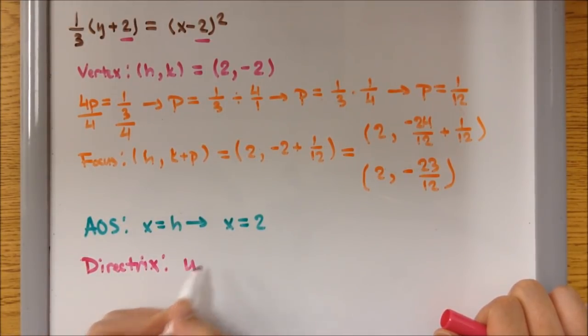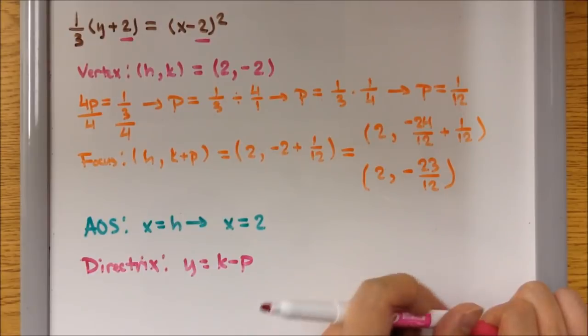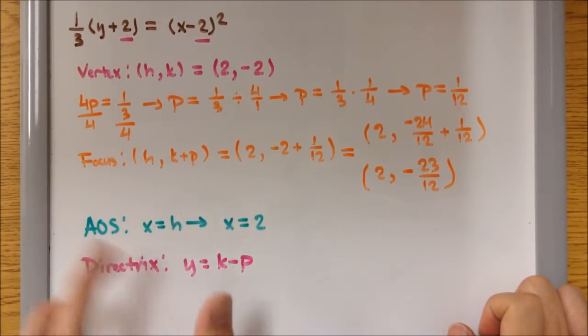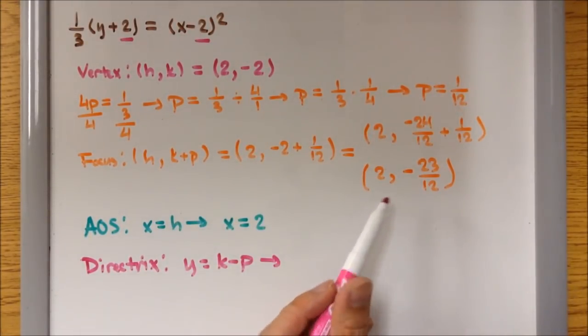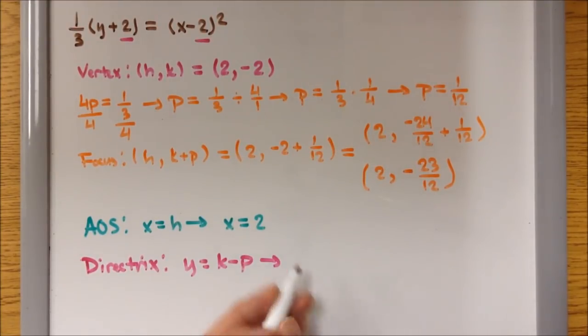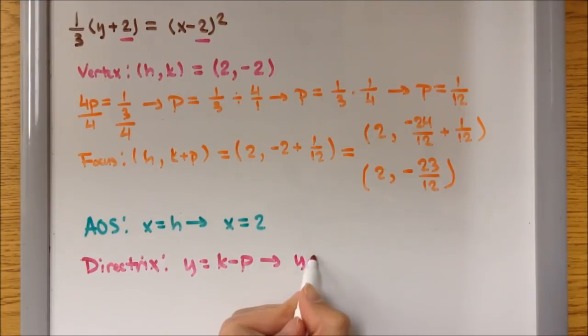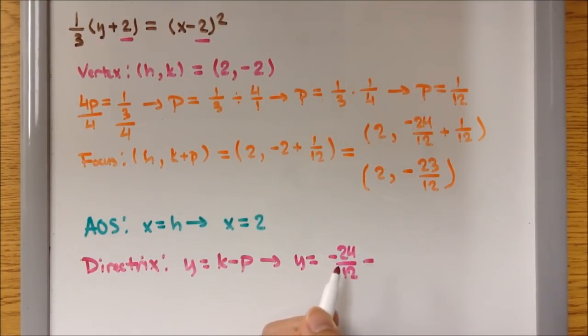It's going to be y equal k minus p. Now, the k value is negative 2 and the p value is 1 over 12. I already converted negative 2 into a fraction with a common denominator of 12. So I'm just simply going to write y equal negative 24 over 12 minus our p value, which is 1 over 12.